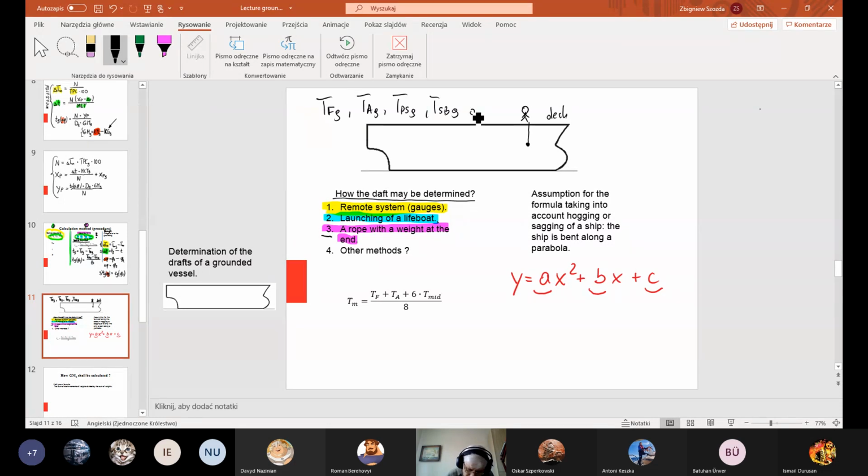Do the same, let's say, in another place, to check what is the distance between deck and the water surface, and do the same the third time, for example, close to the aft. And as a result, you have 3 points, you have 3 distances, and you know that your actual water line goes through such 3 points.